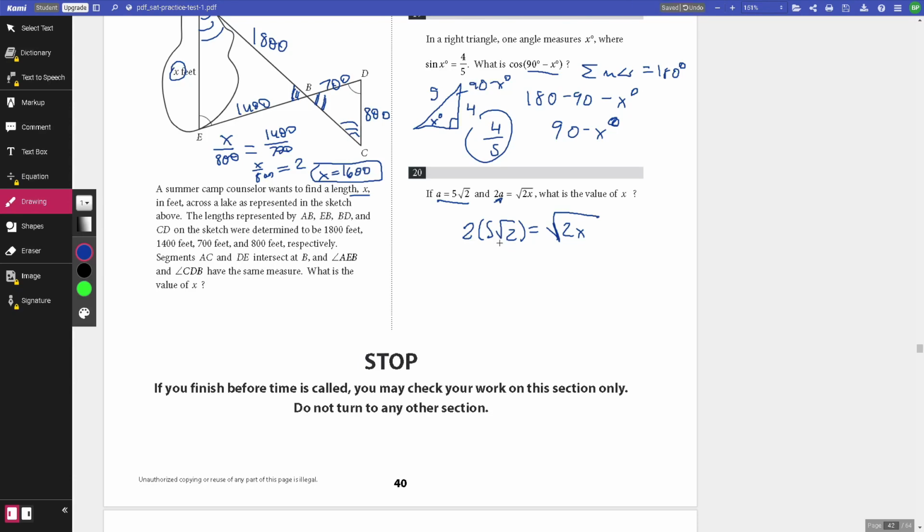Now we can distribute here. From here we can divide by square root of 2. Now we just square it to get x. So x equals 100.